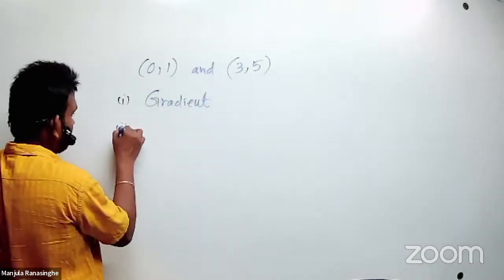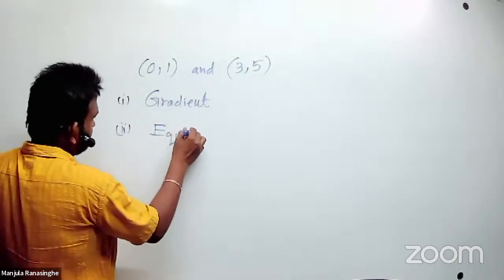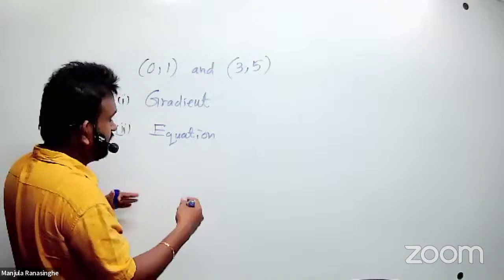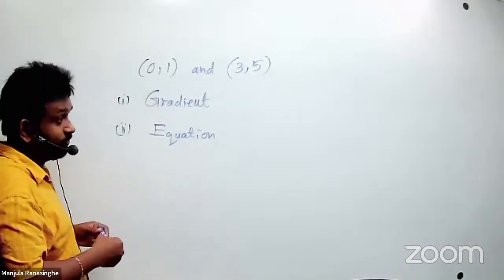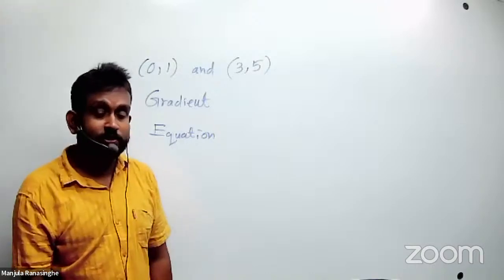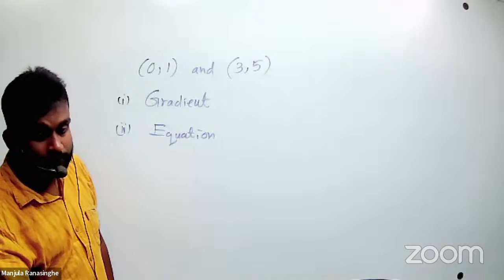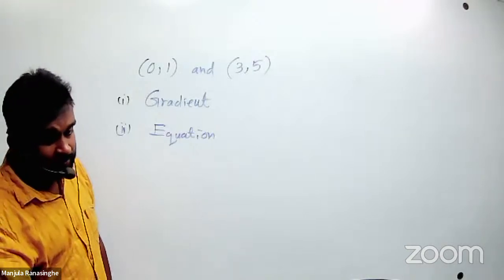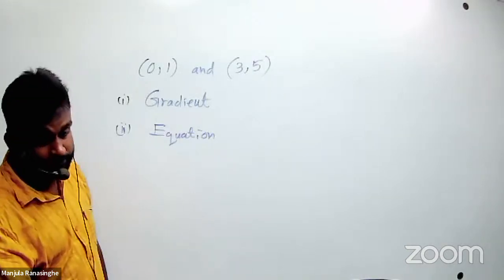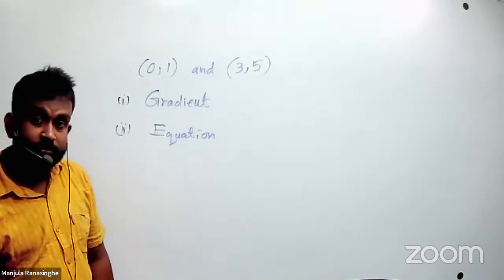The second one, find the equation of the straight line. To find the equation, we require the gradient as well as the intercept. So once you have found both, you can write the equation. Write the gradient and the equation in the chat. Equation in the form of y equals mx plus c.